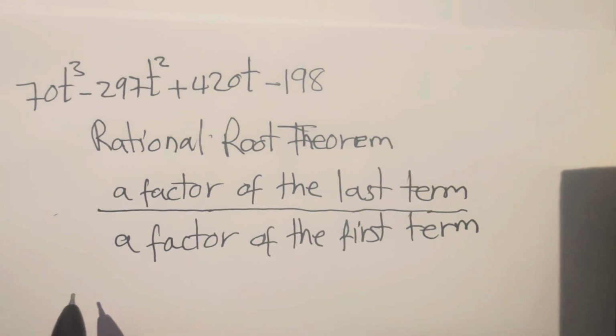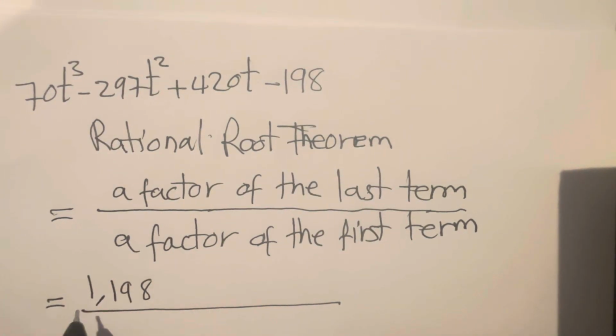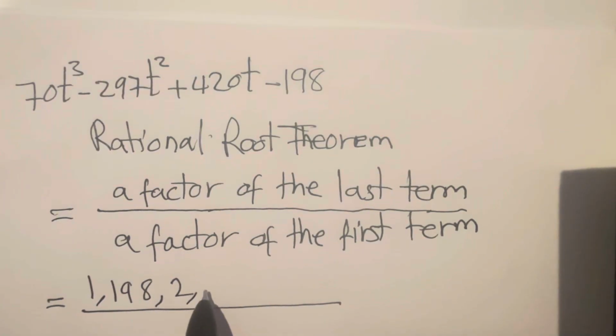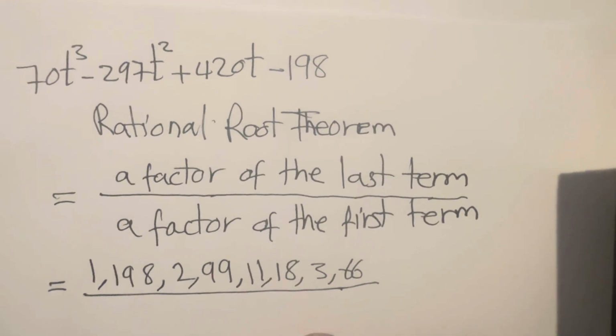The factors of 198 are 1 and 198, because 1 times 198 equals 198, 2 and 99, because 2 times 99 equals 198, 11 and 18, because 11 times 18 equals 198, and 3 and 66, because 3 times 66 equals 198.